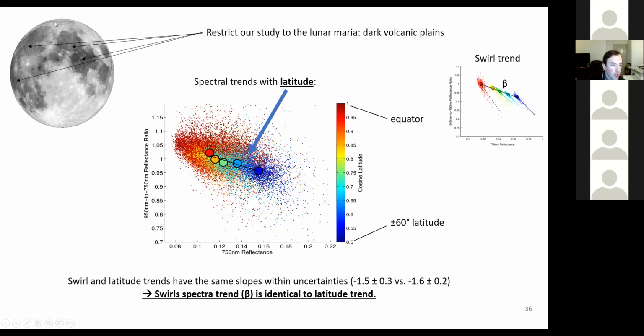The solar wind flux is decreasing. And so this spectral trend, we call it B here, the B trend matches the beta trend for swirls within the uncertainties of the slopes, the 1 sigma uncertainties. So we call these statistically identical, at least. You can see them overlapping each other here in this chart.